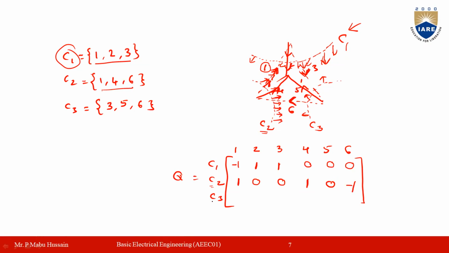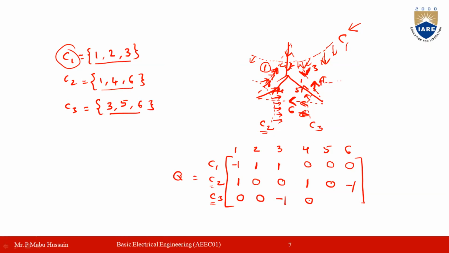Next, cut set C3. The C3 direction we assume to be in this direction. In this cut set you have only 3, 5, 6, so the remaining elements are represented with zeros: 1 is 0, 2 is 0, 3 is there in the cut set, 4 is 0. The direction of 3 is from top to bottom, but your cut set is in the opposite direction, so it will be -1.